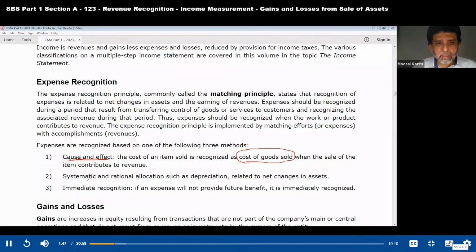The other one is systematic and rational allocation of expense, such as allocating the cost of fixed assets to the periods over which the benefit is received, very commonly known as depreciation. So that way we would recognize, and sometimes immediate recognition when we know that there is no future benefit. It happened to us once.